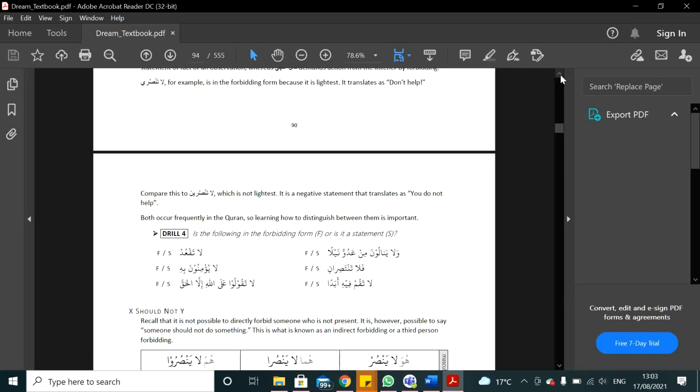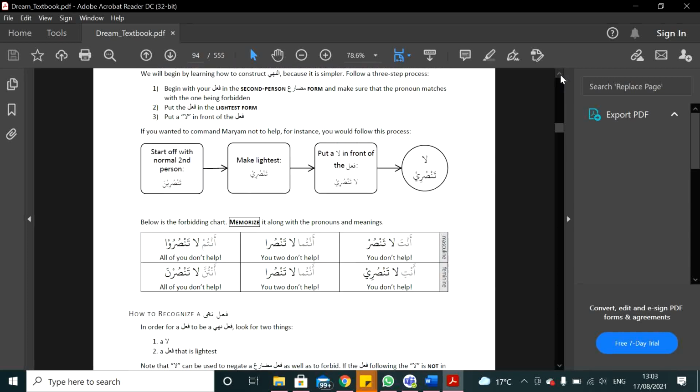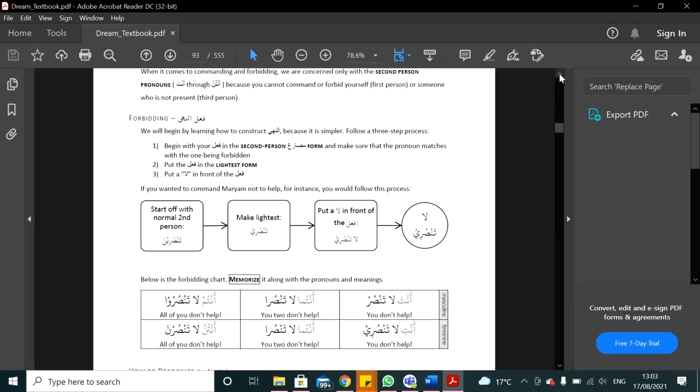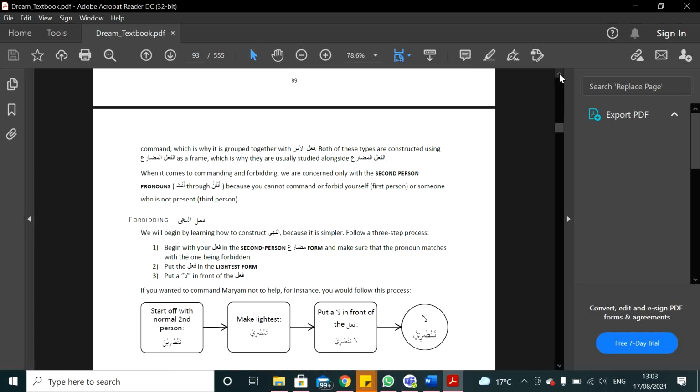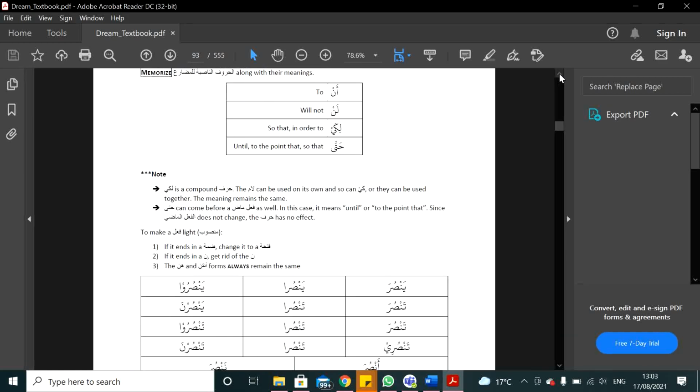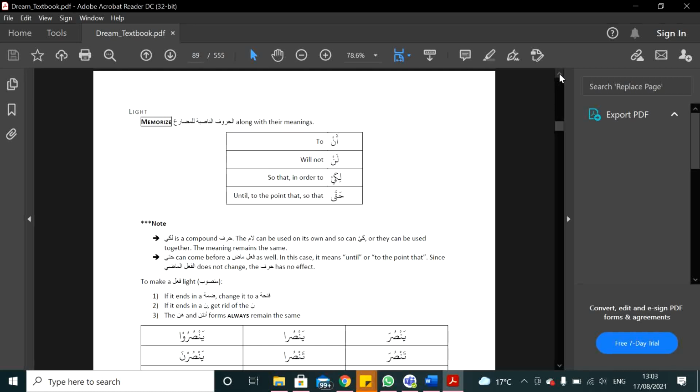When we started our studies, we said there are three types of af'al in Arabic grammar: fi'l madi, fi'l mudare, and fi'l amr and nahi. Fi'l madi is the past tense. Fi'l mudare contains present and future.